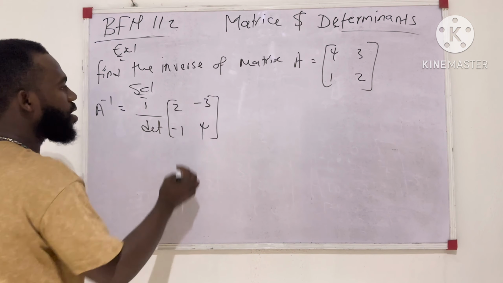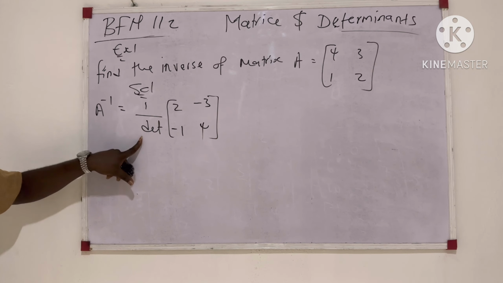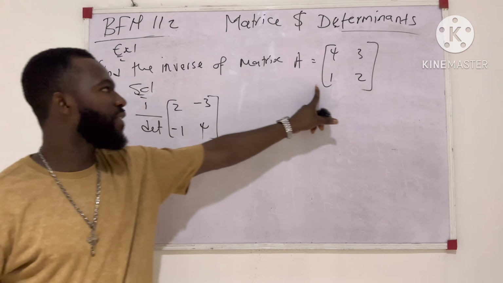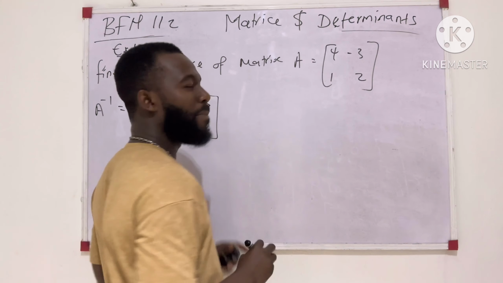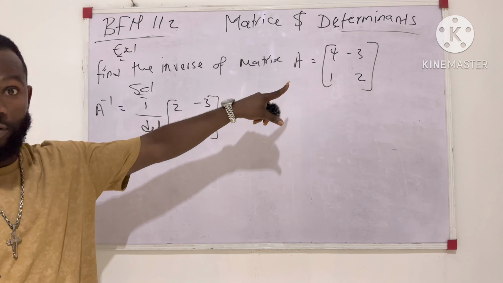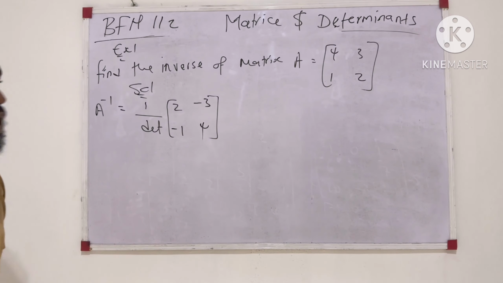So this is what I did again: 1 over determinant, you swap these two elements, and then you give the other elements a negative sign. So let us assume that here was -3 originally. If I'm giving this minus sign, it becomes positive, because minus times minus is what? Plus.